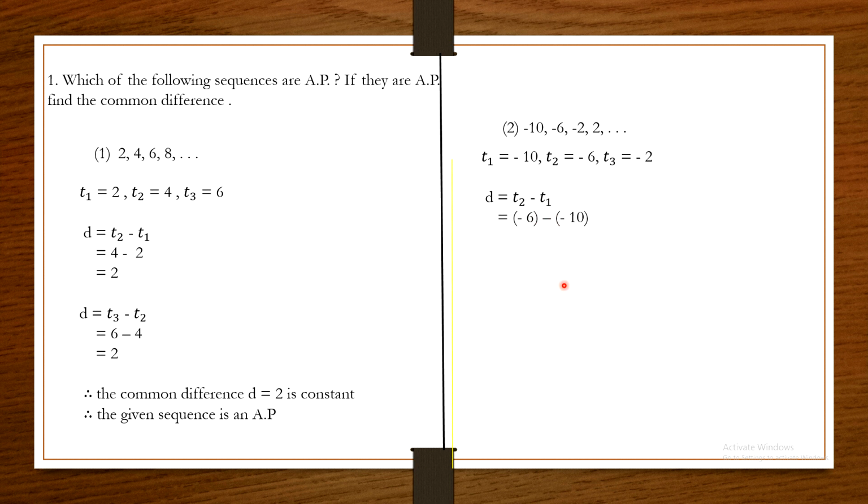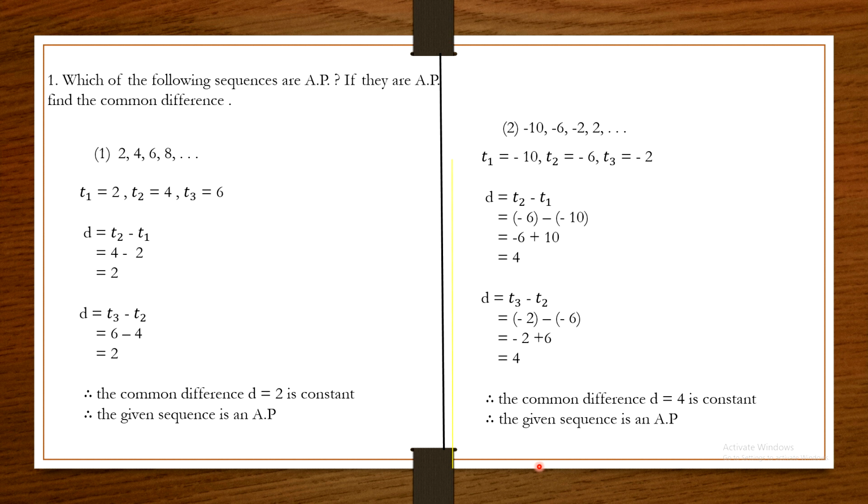We get minus 6 plus 10, that is 4. Again D equal to T3 minus T2, that means minus 2 minus of minus 6. Minus minus becomes plus, so minus 2 plus 6, we will get 4. So the common difference D is 4, a constant. So the given sequence is an AP.